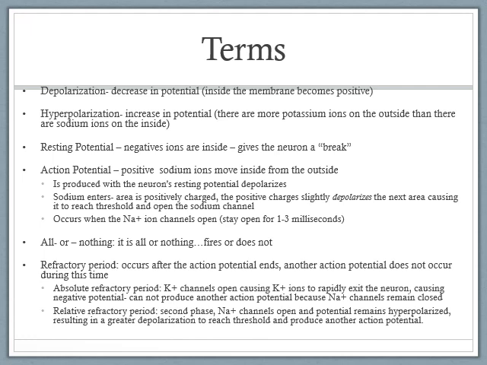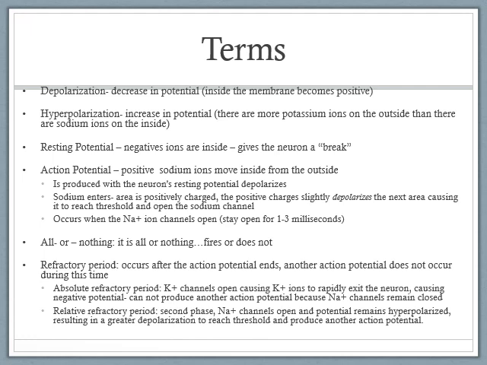Which brings us to resting potential. This is when there are negative ions on the inside. This gives that neuron the break it needs. Action potential is when positive sodium ions that were originally on the outside move inside the cell. So it moves outside to inside. This begins at the axon hillock, where the axon exits the soma.